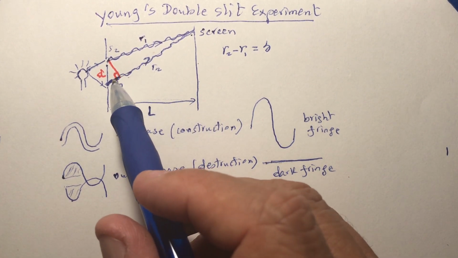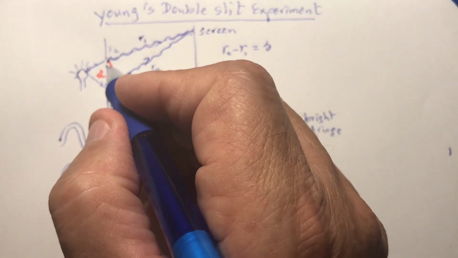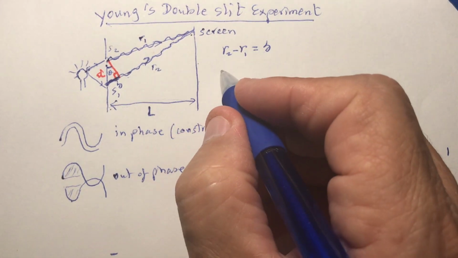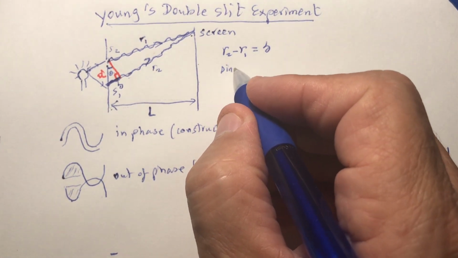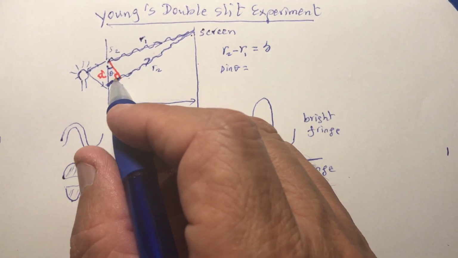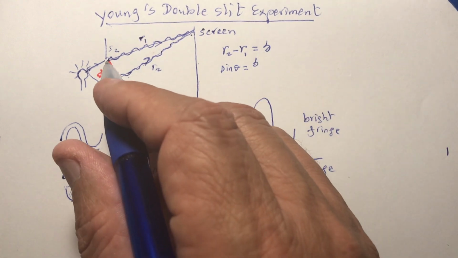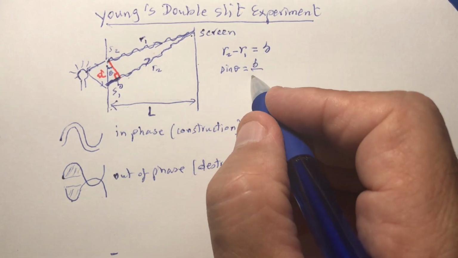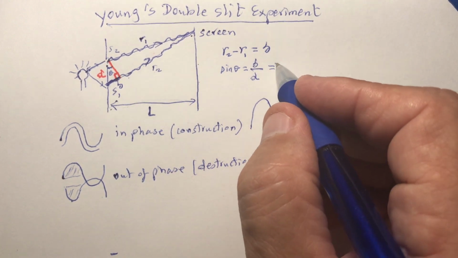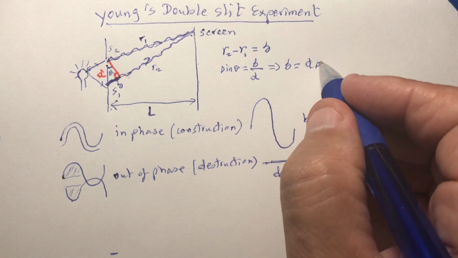So you can make this approximation, and you can put here some angle theta, and you can say that sine theta is equal to the opposite, which is delta, over d. This is d, and this gives me delta equals d sine theta.